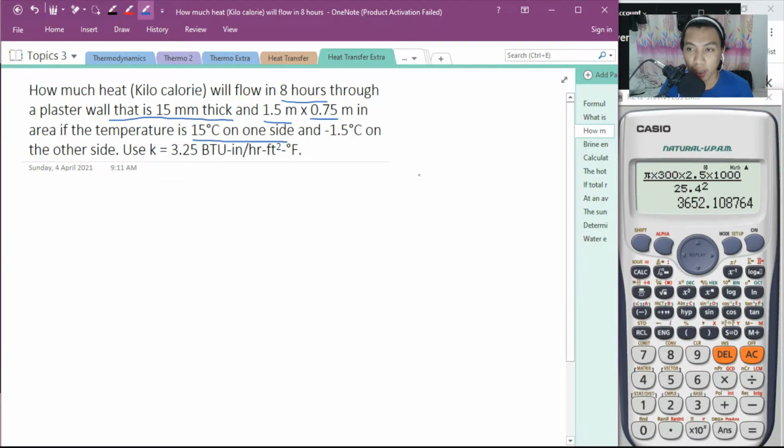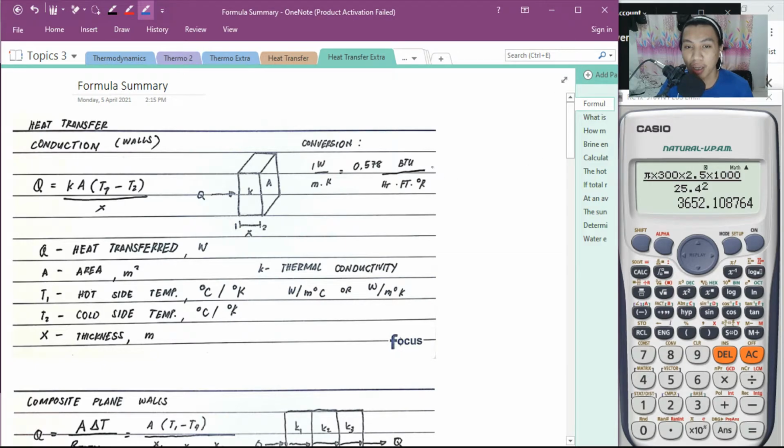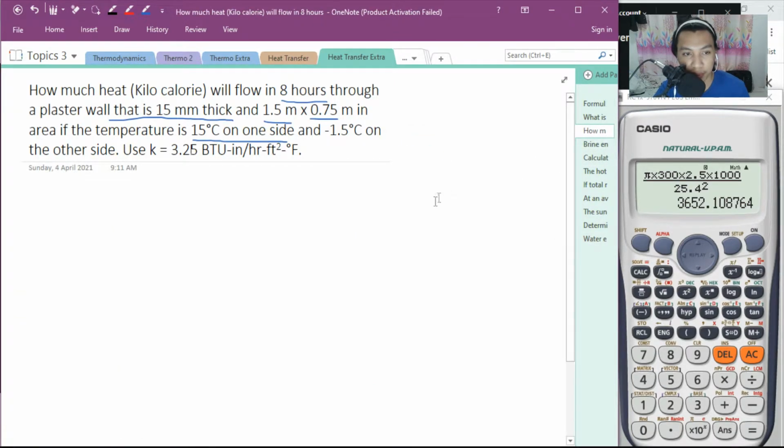degree Fahrenheit. Now, let's go back here. This will become handy. Okay? Yung measurement na yan. So, ang sabi dyan, 1 watt per meter degree Kelvin.